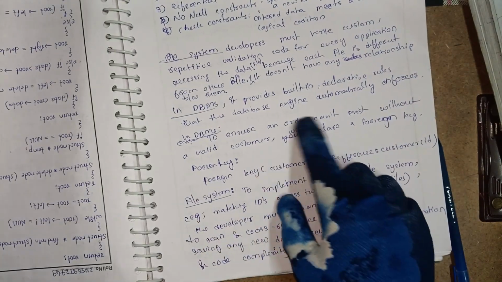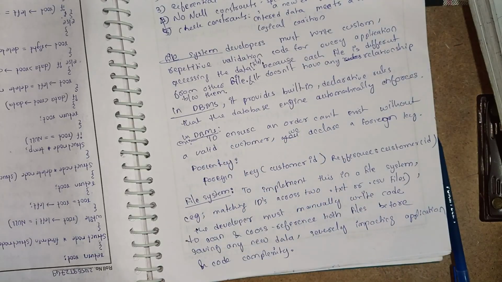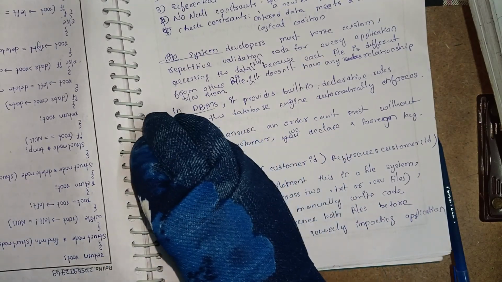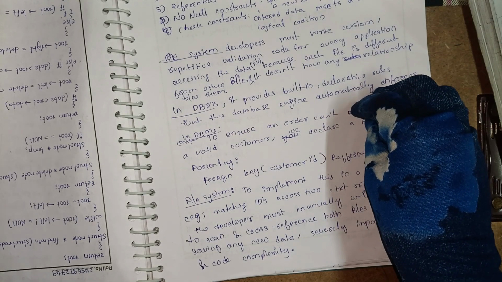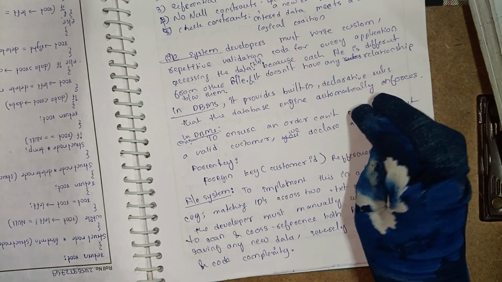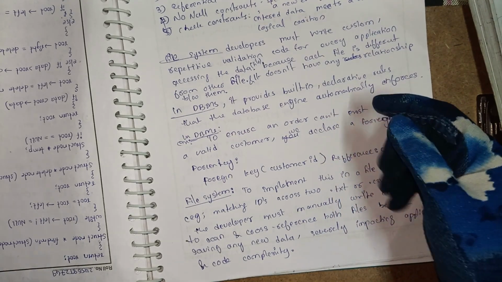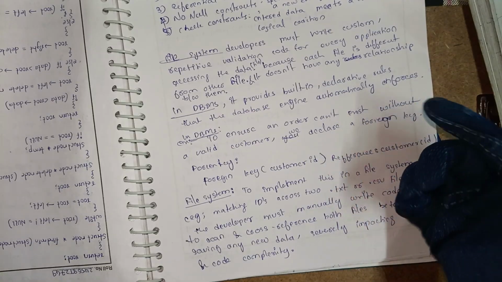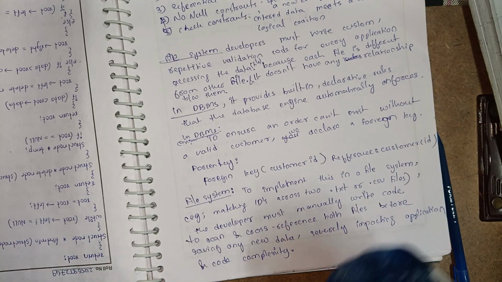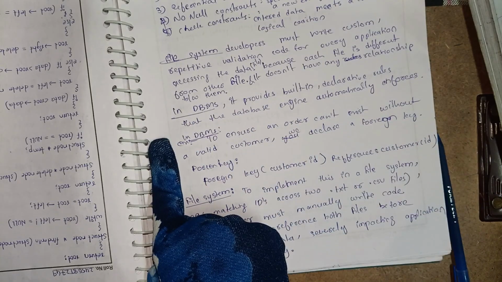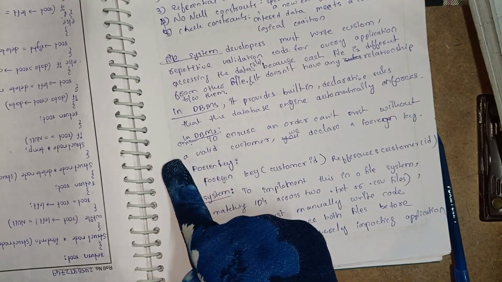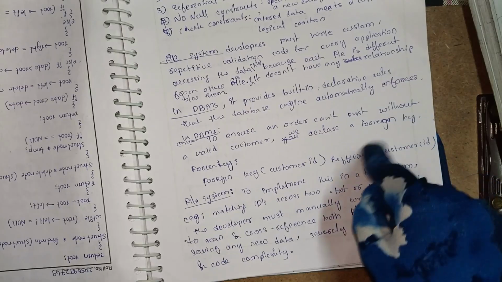So in this we are only considering the primary key in table 1, and the foreign key in the second table. If the foreign key is entered with a new value, meaning a value different from the primary key column in the first table, then it will not accept.